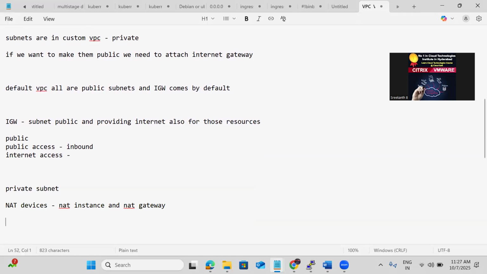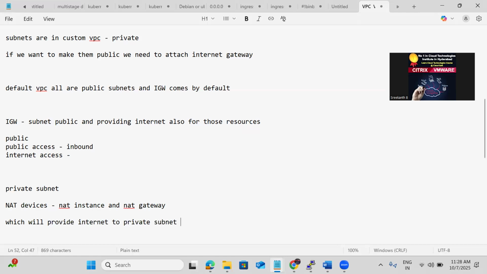What is the purpose of a NAT instance or NAT gateway? Those are special kinds of devices which will provide internet to private subnet resources.